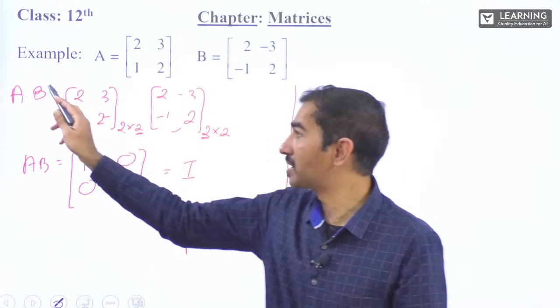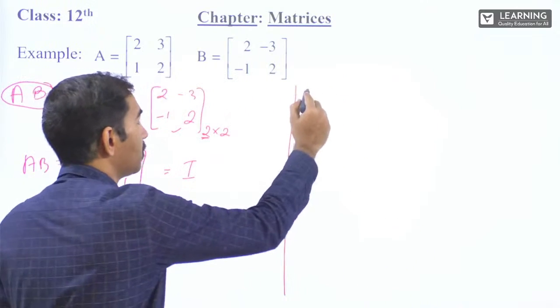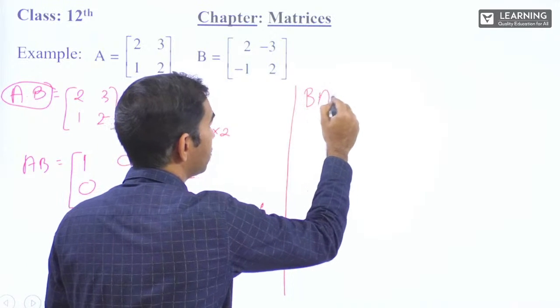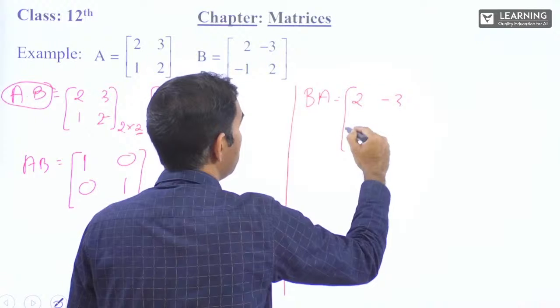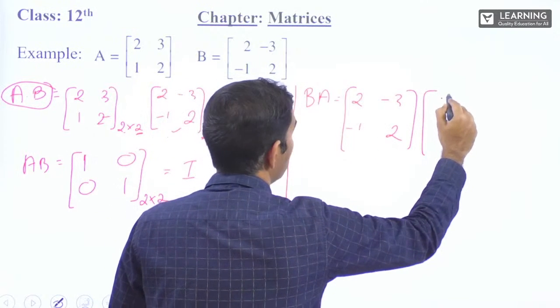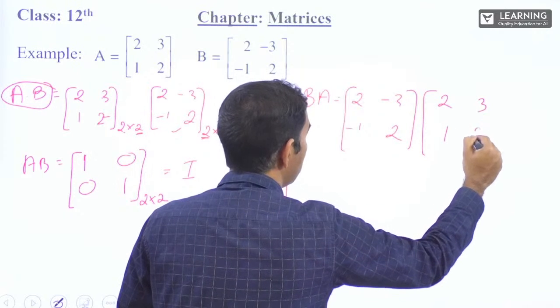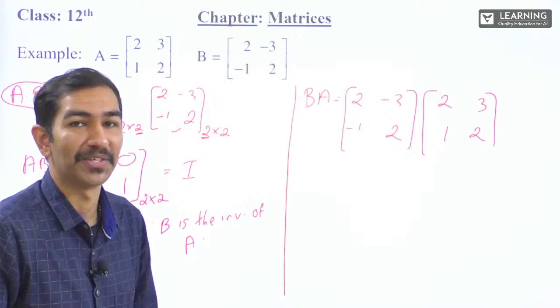So this was A into B, right? On this side we'll do B into A. So B dot A. B matrix first, 2, minus 3, minus 1, and 2, and A matrix 2, 3, 1, 2. Same order, 2 cross 2 and 2 cross 2. The product will also be 2 cross 2.